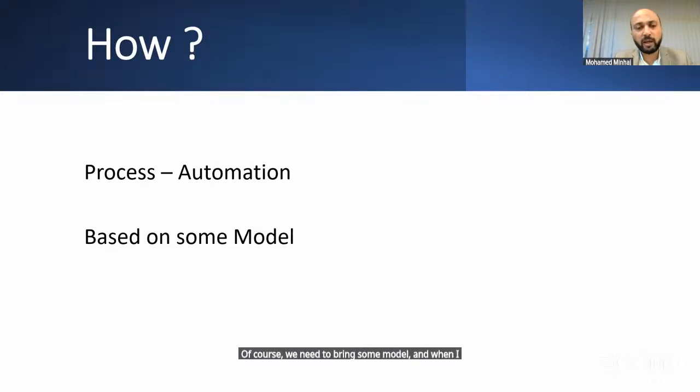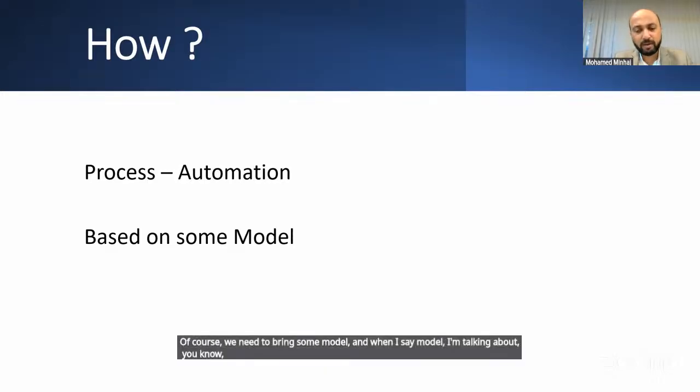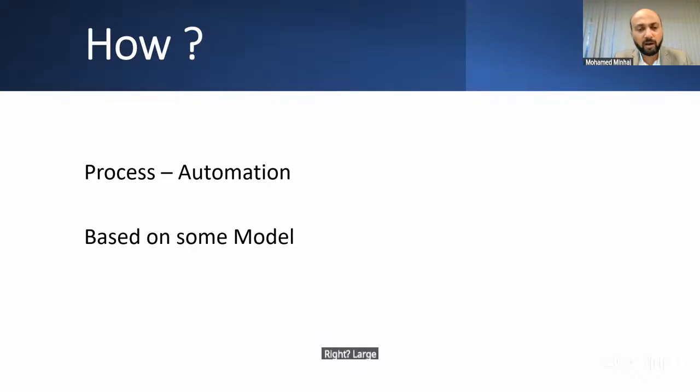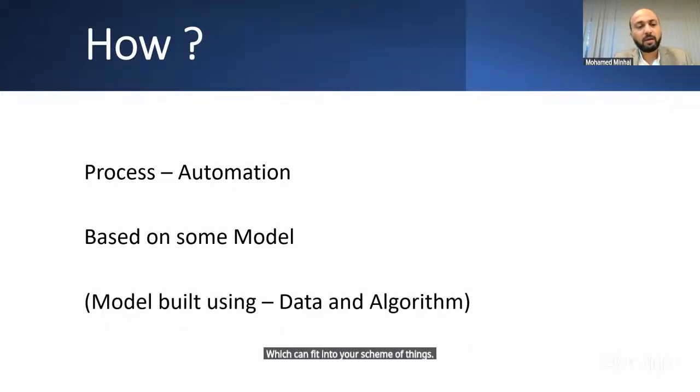And when I say model, I'm talking about some LLM, a large language model, right? You have to choose the right language model which can fit into your scheme of things. And these models, as you know, are built using data and all the details.